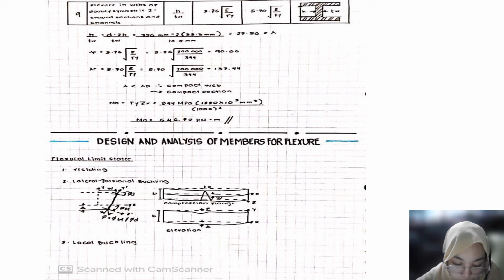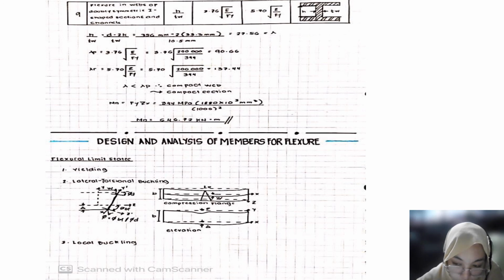Therefore, pwede na natin makompute ang nominal strength, and the formula is Fy multiplied by the Zx, and substitute the given.